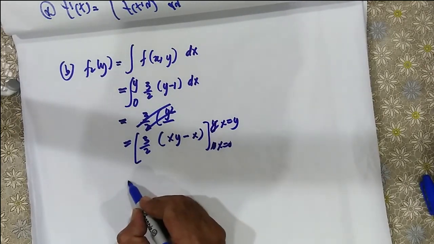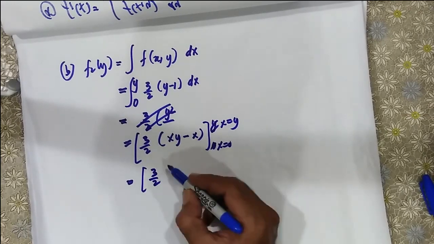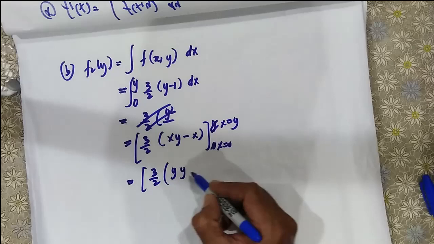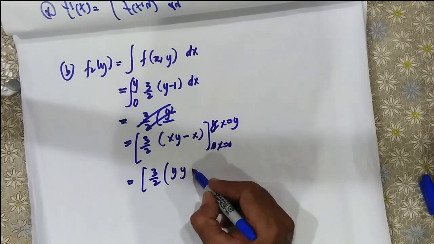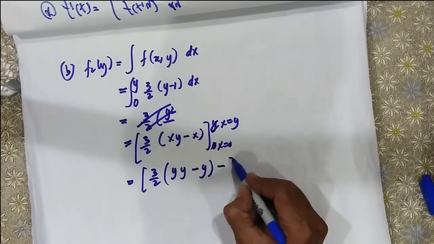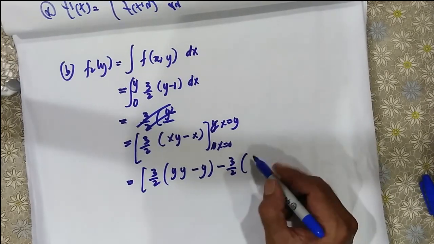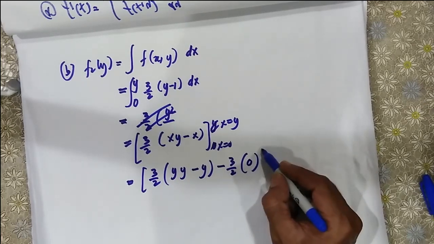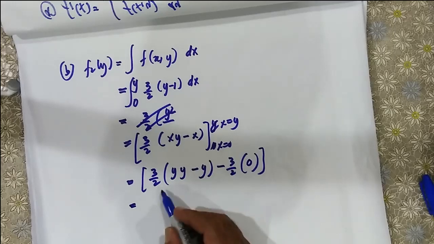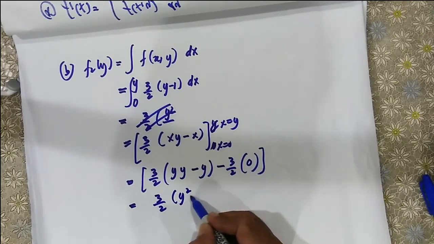You just put here 3 over 2. So x is equal to y, multiplied by y minus y, then minus 3 over 2 times 0 minus 0, which is equal to 0. So this gives me the answer of 3 over 2 (y squared minus y).